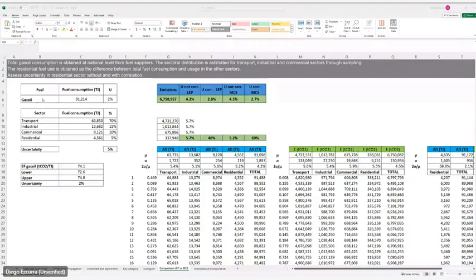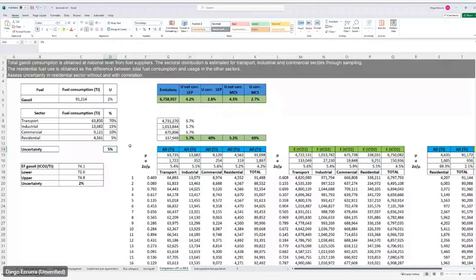For the sectoral approach, we need to discriminate this amount of gas oil into the relevant sectors: how much was consumed in transportation, in industry, in commercial and residential. Let's assume we have all the statistics that discriminate the amount of gas oil consumed in each sector. And we investigated and arrived at the conclusion that this data of the amount of gas oil consumed in each sector has an uncertainty of 5%.